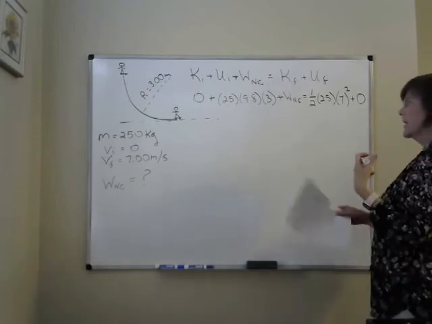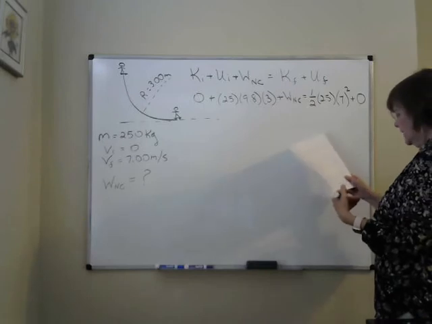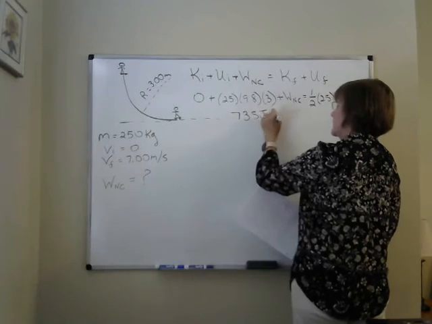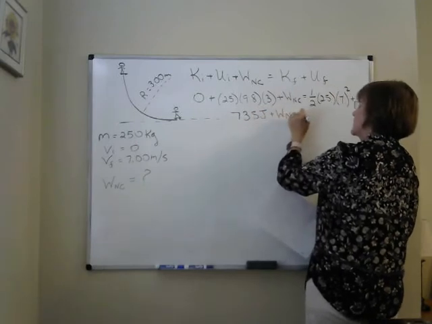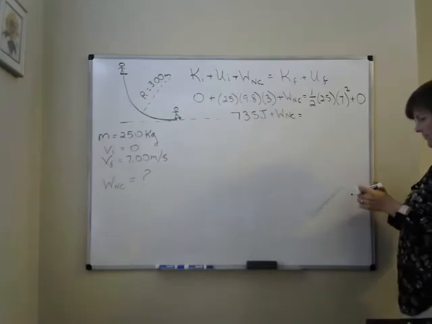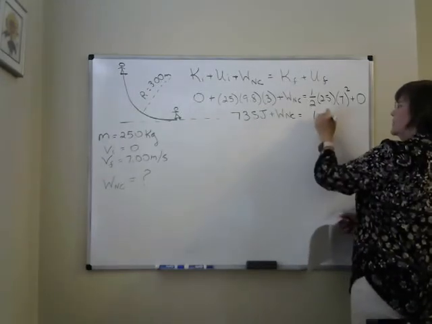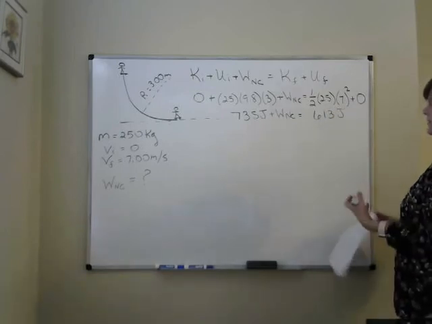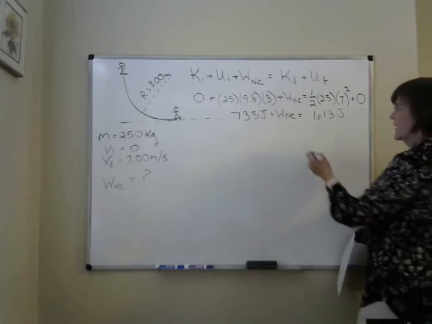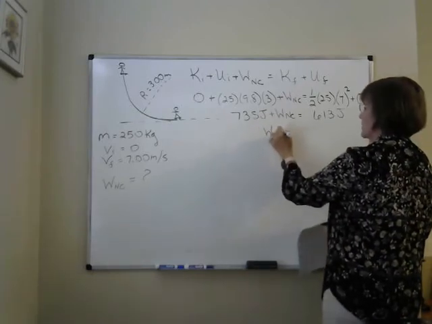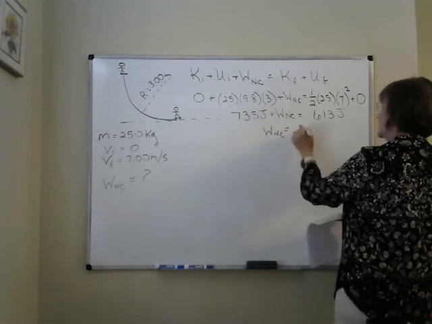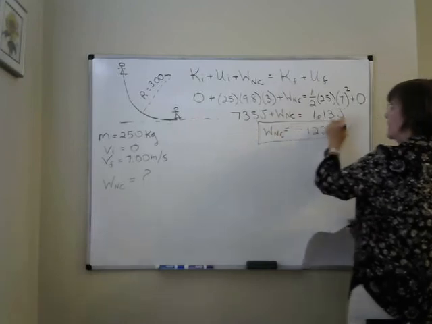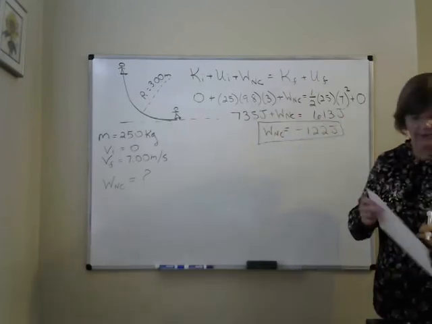After 25 times 9.8 times 3, he starts off with 735 joules of energy. There's our non-conservative work. His kinetic energy at the end is 613 joules. You can see he lost energy. I have to subtract. I end up getting that the non-conservative work is negative 122 joules. That's the work that was done by friction.